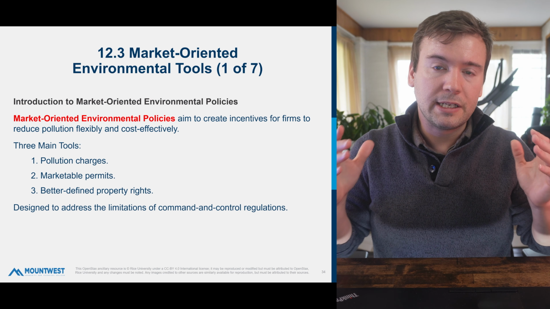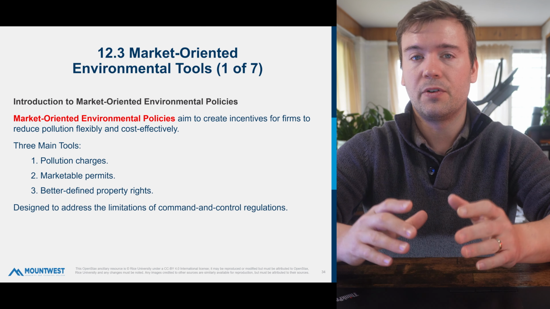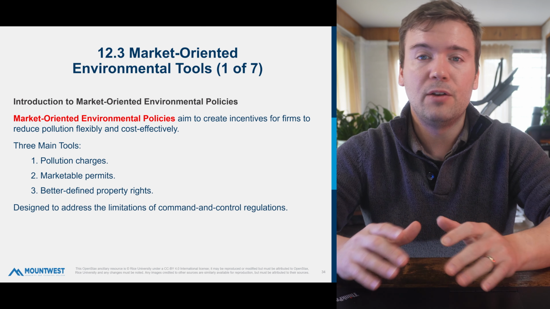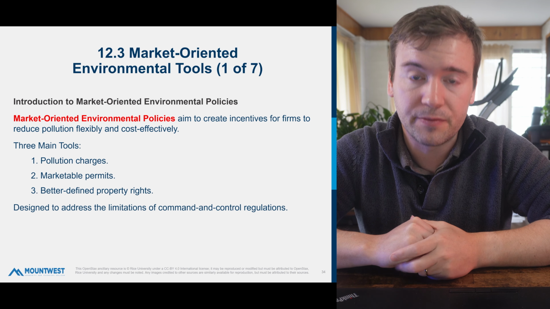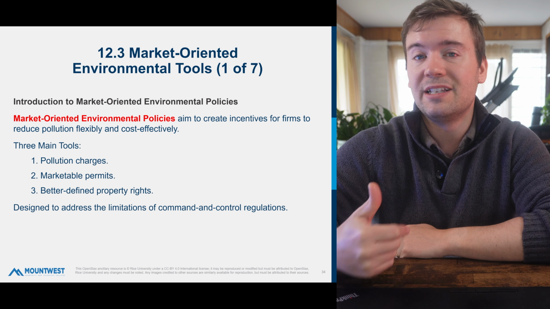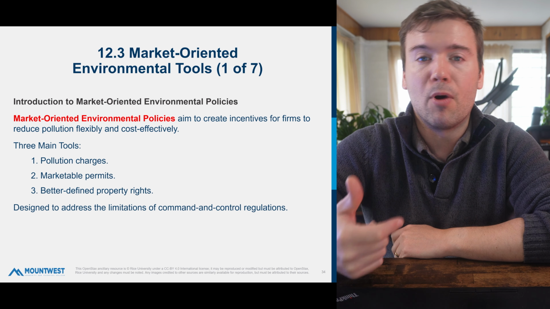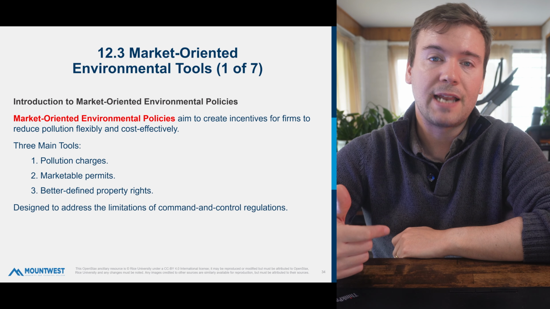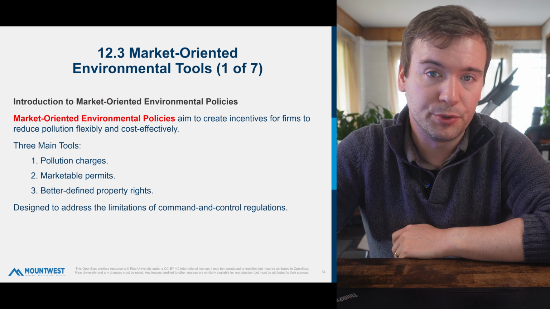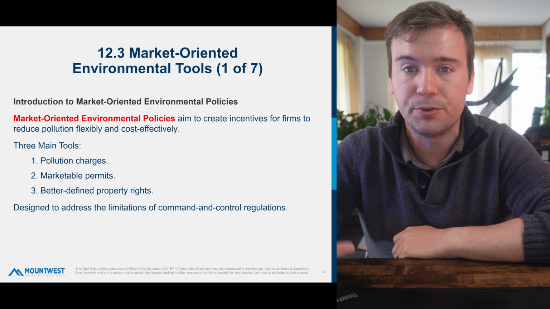So market-oriented environmental policies are designed to create these incentives for firms to reduce pollution in ways that offer flexibility and cost effectiveness. Primary tools are pollution charges, which are essentially taxes on the amount of pollution that a firm emits, and marketable permits, which can establish basically a cap on total pollution, but also allow firms to trade their permits to pollute.